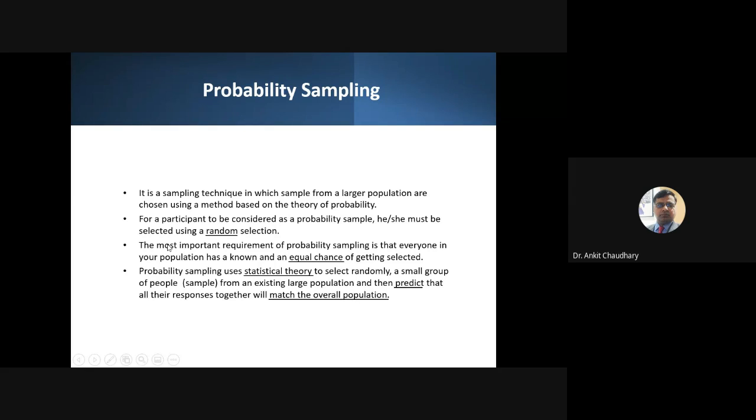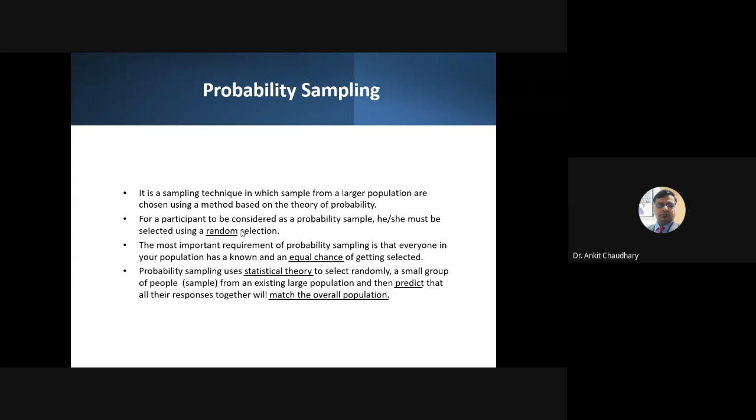Now, because sampling comes from statistics, in theory there must be some randomness and the sample must be selected using a random selection. As I said, the randomness is in question because the human or the computer will make this randomness.